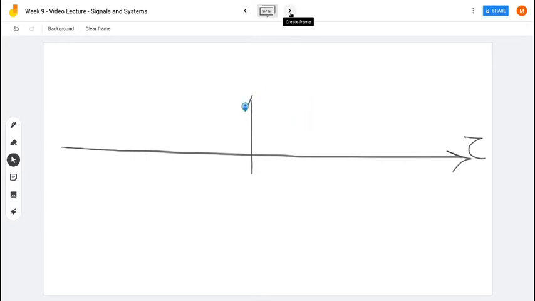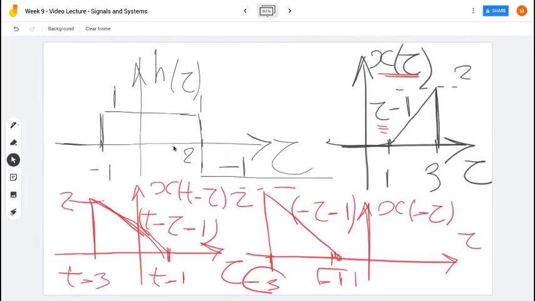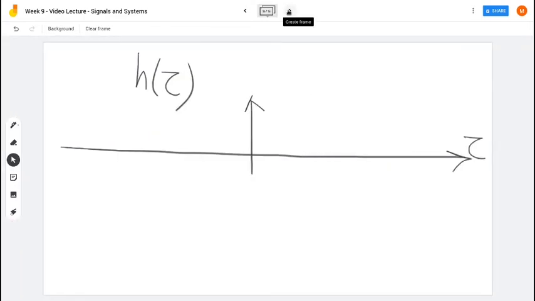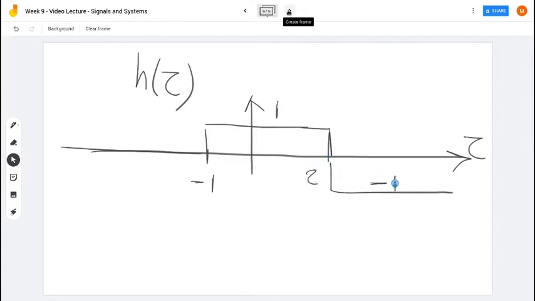This is h of tau. H of tau starting at minus 1. So here, minus 1. Have a value of 1 up to instant 2. And at 2 we go down to minus 1.